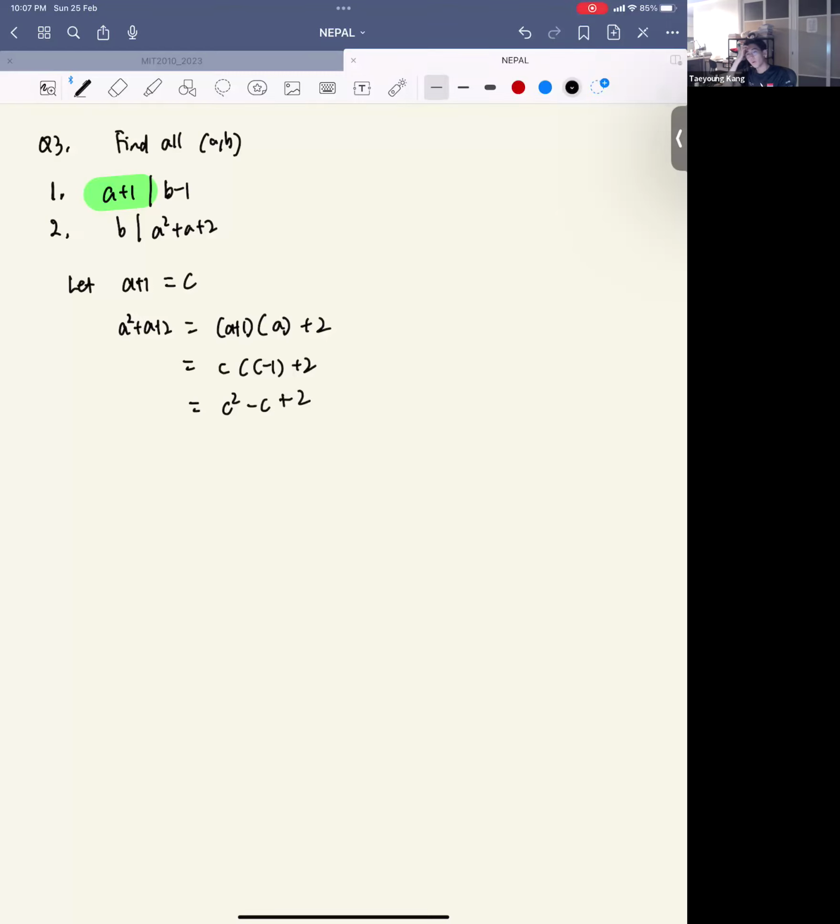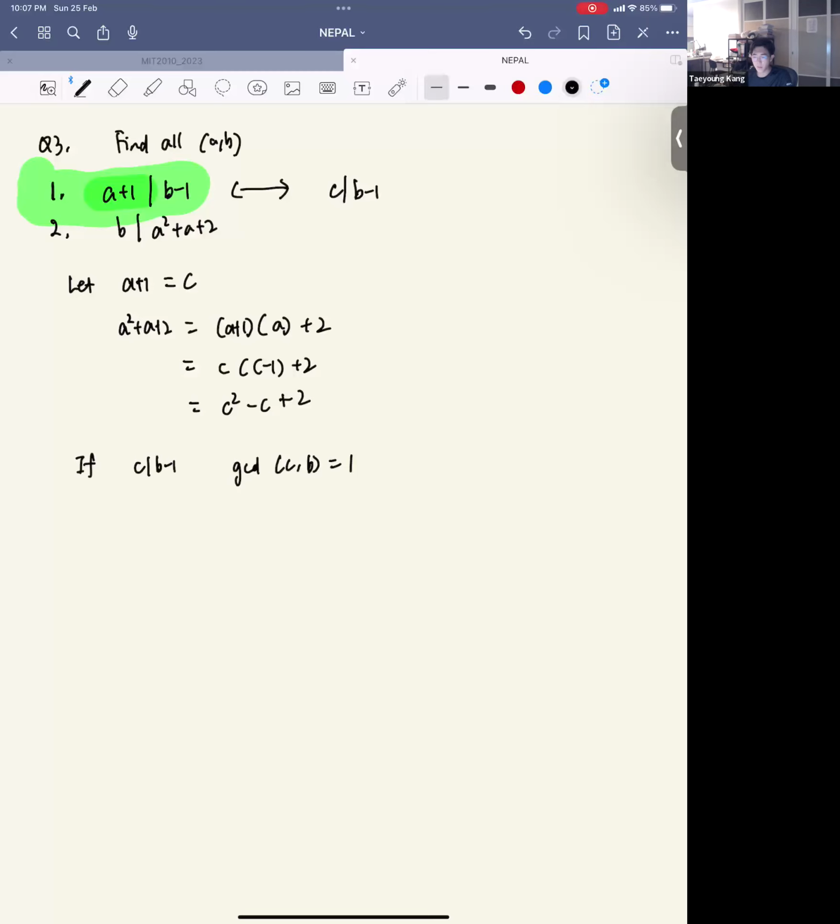So what conditions do we have from this first condition over here? The first condition rewritten is that C divides B minus 1, right? And what did I mention earlier? If C divides B minus 1, GCD of C and B is equal to 1.